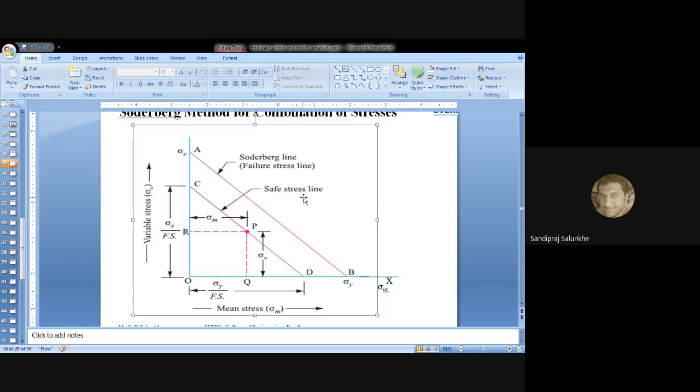Diagram doesn't mean anything special, it is basically a graph, and because we draw it, it is called a diagram. Have you understood what the Soderberg and Goodman lines are and what they are indicating? What is the significance of the Soderberg line and Goodman line? If you have any question, you are free to ask. Otherwise, we'll move to the next slide.